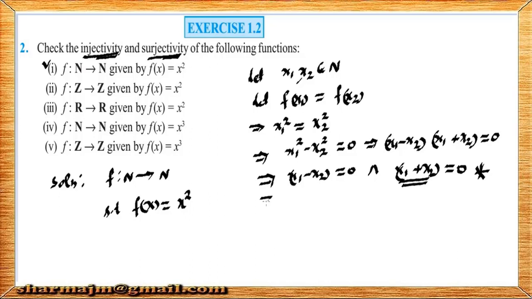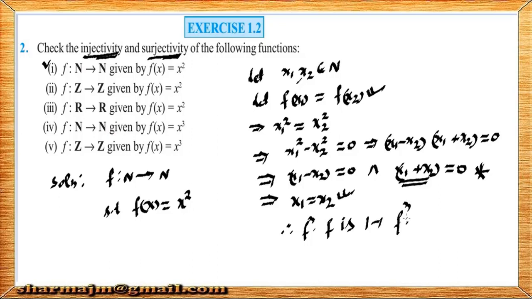So we have only this possibility, which implies x1 is equal to x2. So here we have seen if images are same, then pre-images are also same. Therefore the function f is one-one.